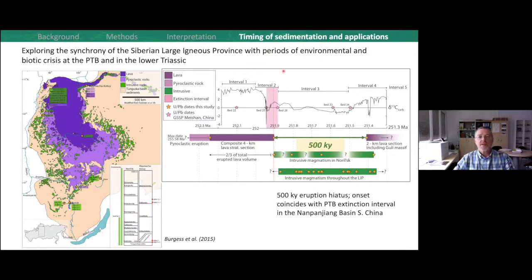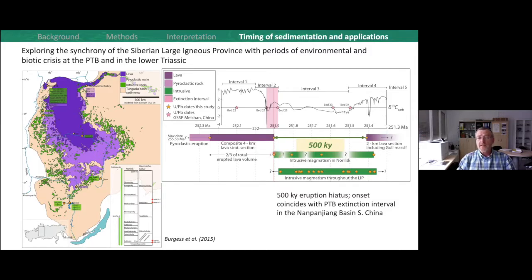In the case of the Siberian Traps, Burgess et al. claimed that, and it's very well dated, there are many very precise data, there was a first eruptive period or activity, and then it stopped, and then there is what they call the eruptive hiatus, where there are only intrusions, these dikes and sills which intrude into shales and sediments rich in organic material.